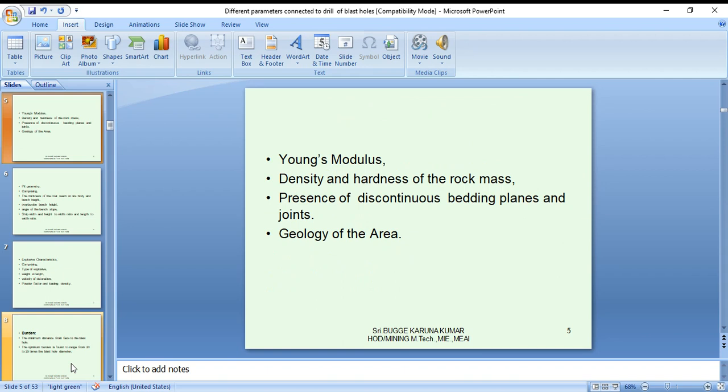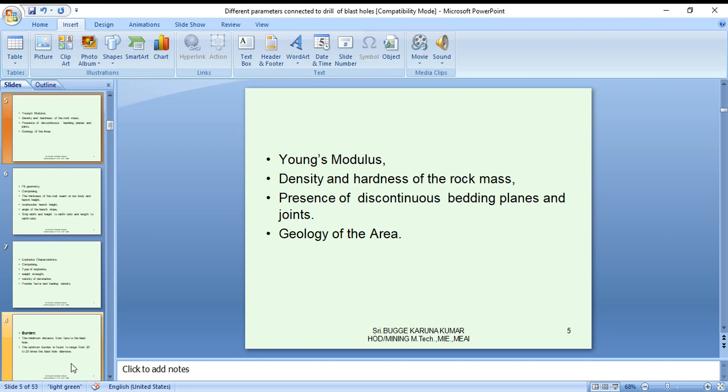It can be derived indirectly from the properties of the rock, density and hardness of the rock, and the presence of discontinuities and bedding planes. This is also an important factor, because when the bedding planes are weak in nature, we particularly do not use explosives there, because the explosives unnecessarily fill the loose material area.